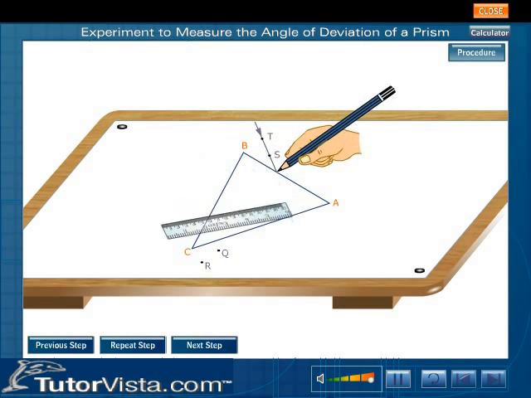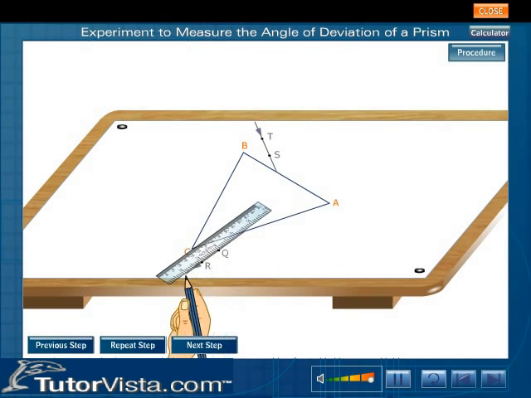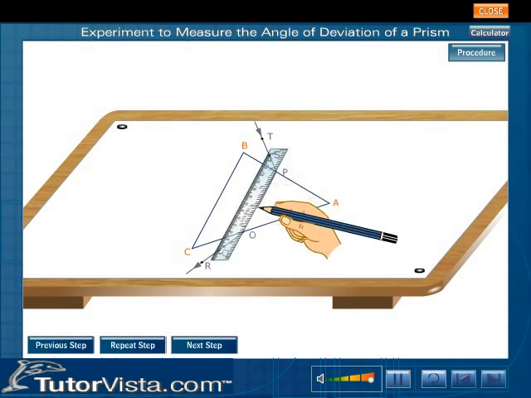Join TS and RQ and extend them to meet the faces of the prism at P and O respectively. Join PO.